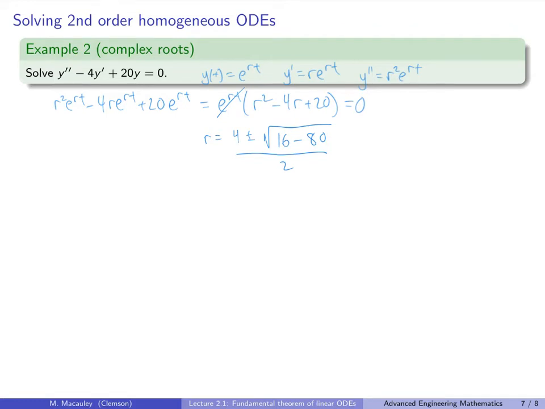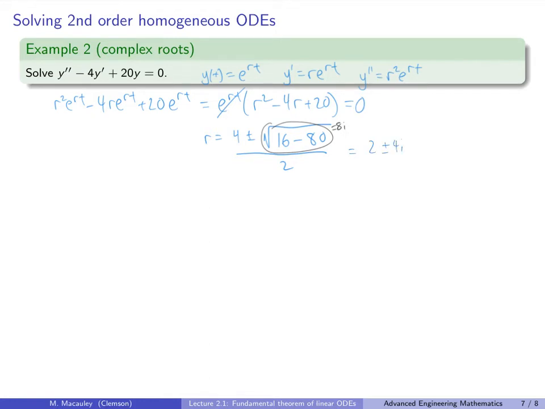So the square root of negative 64 is 8i. This is 4 over 2, so r = 2 ± 4i.